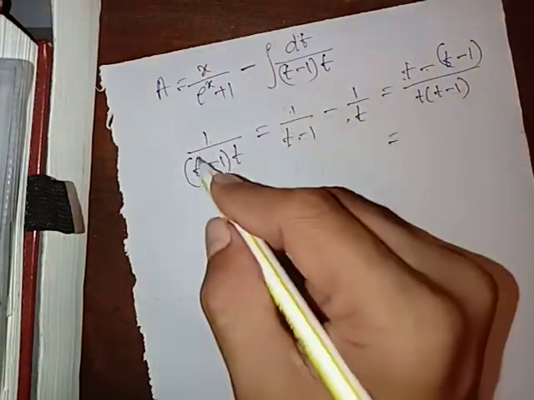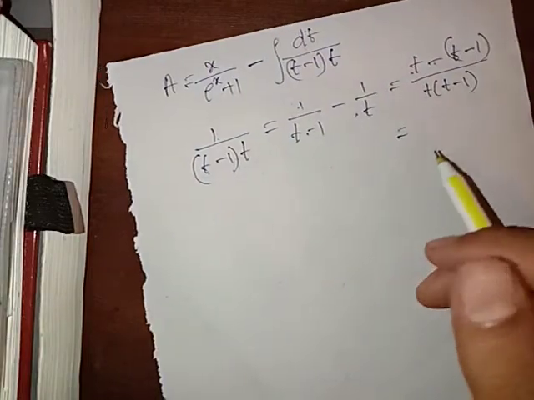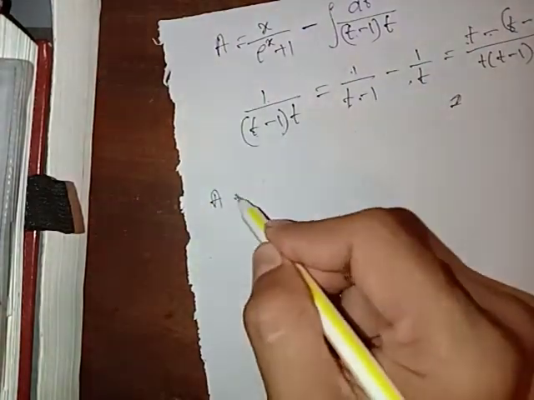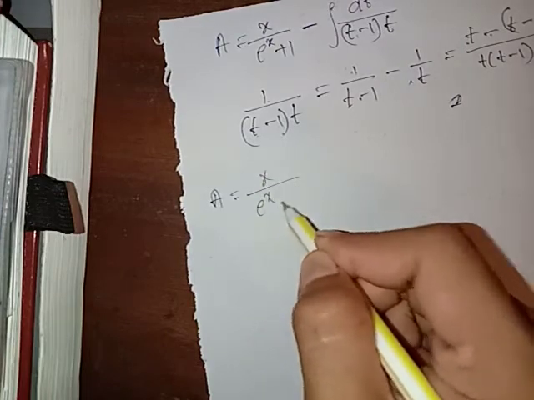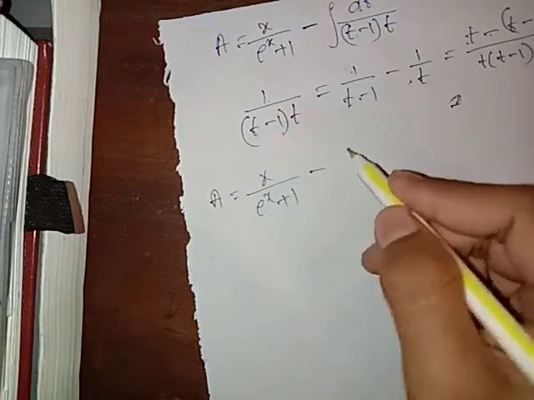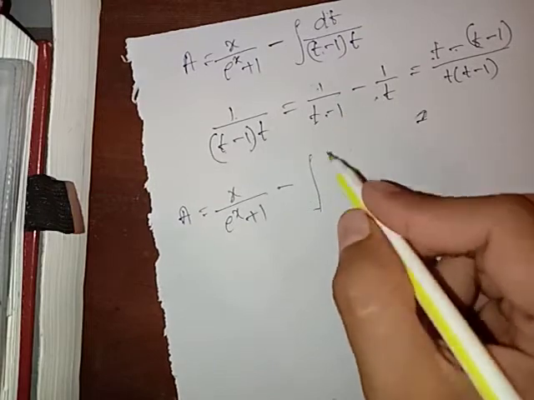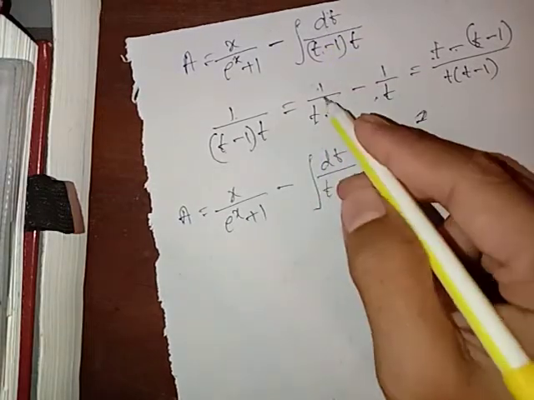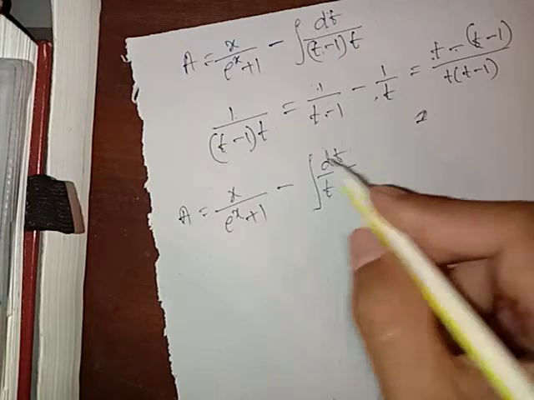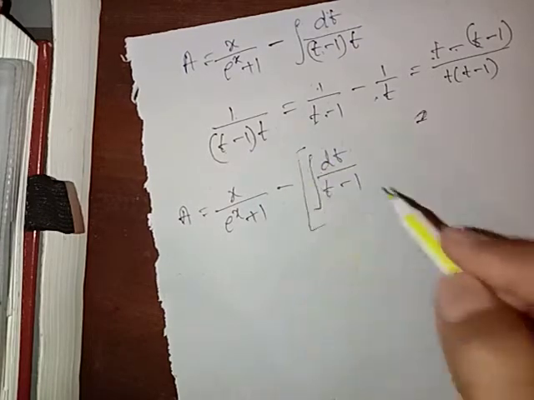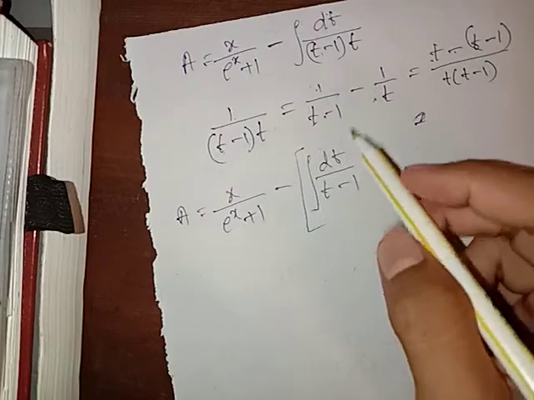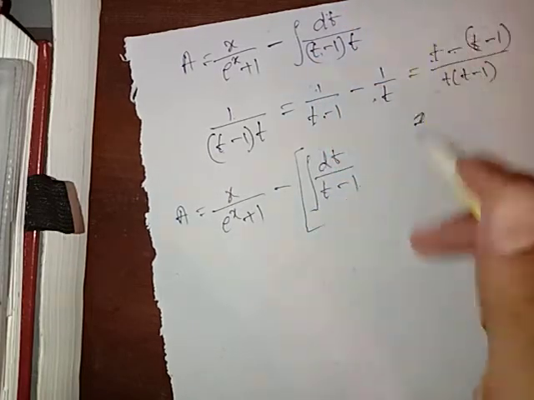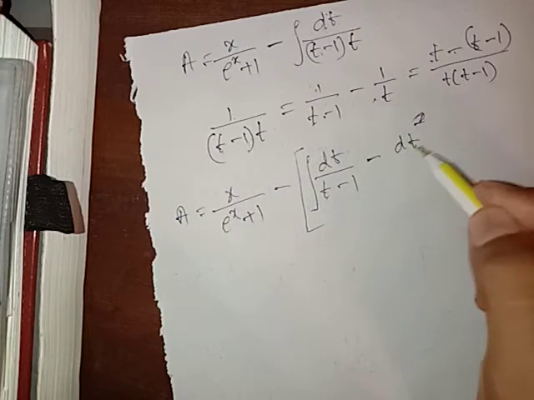So we can express it this way. So a is equal to x divided by exponential of x plus 1 minus the integral of dt by t minus 1 minus dt by t.